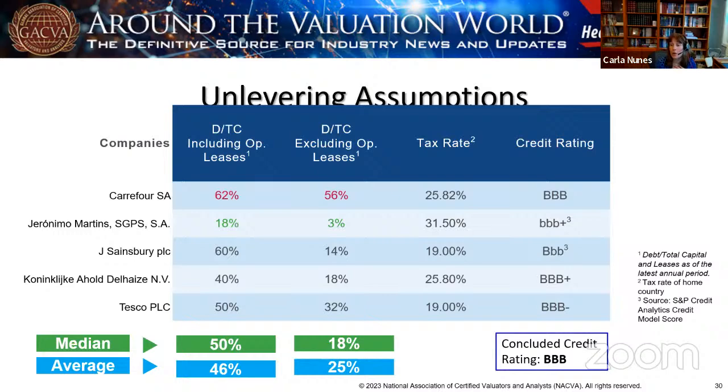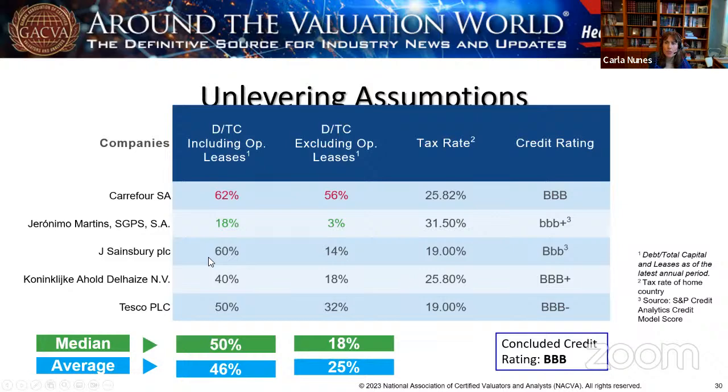But that's what we have right now. We will, at one point, give people the ability to exclude it if they want to, but we started with what we think is the most appropriate from a theory standpoint, because these leases are a form of financing. But it does change the relative weight of debt significantly. As an example, look at Sainsbury, in the middle of the table, which, including operating leases, is 60% of total capitalization.